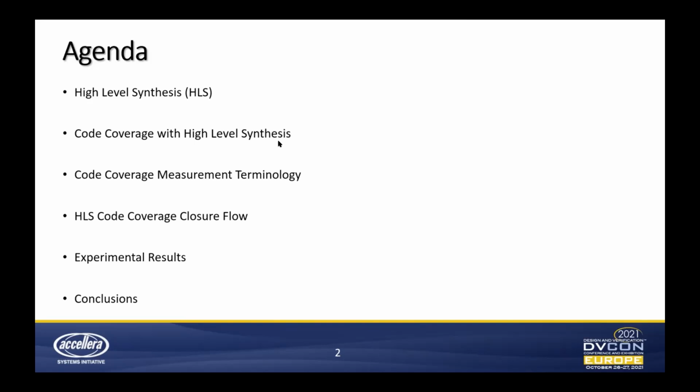Next, we present the crux of this presentation, which is our HLS code coverage closure flow. This is a set of tried and tested guidelines we used at Samsung in order to achieve faster code coverage closure using HLS. Next, the experimental results on a Samsung 1.3 million gate IP design, showing that the code coverage closure flow works well, are presented. And finally, we present inferences drawn from this research work and conclude our presentation.